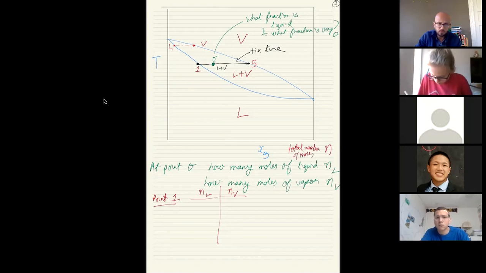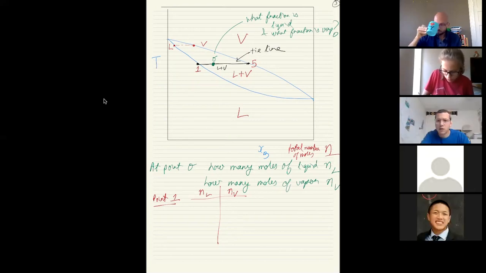We are just changing composition. So at point 1, what will be N L? What will be N liquid? I'm waiting. I need help. Would it be all liquid? Cool. So what is our number for it? Small n, right? So it's all liquid. Exactly correct. So it's just going to be N. Who answered that?